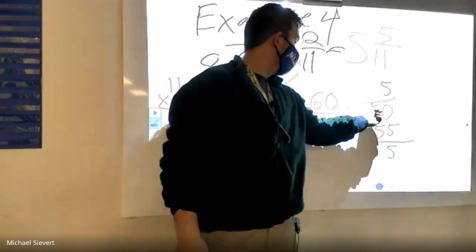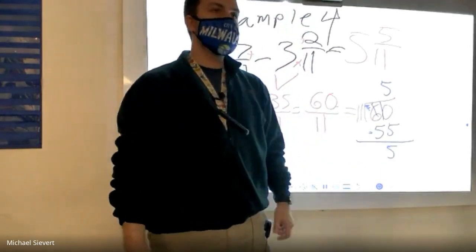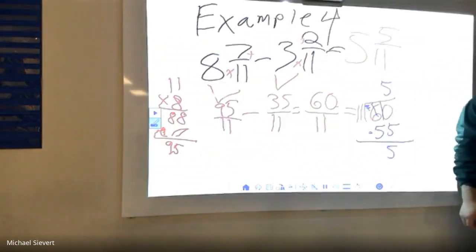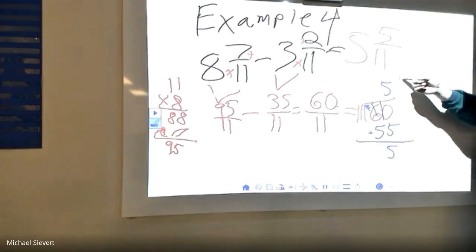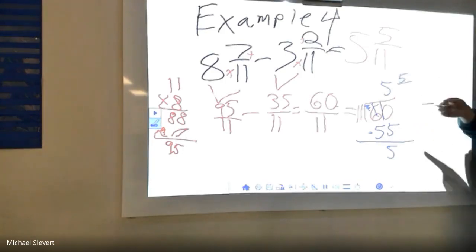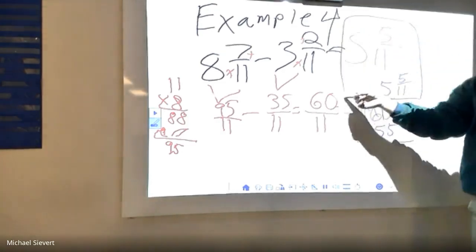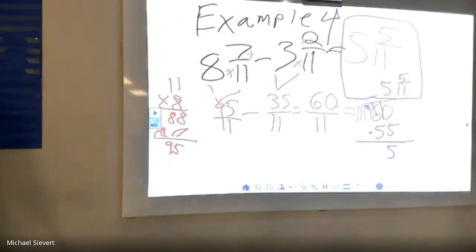Borrow. 5, 10. Okay. Then, Braylon, how would you write your fraction? 5, you take that 5 from the bottom, put it on top as a numerator, then take the 11 as a denominator.